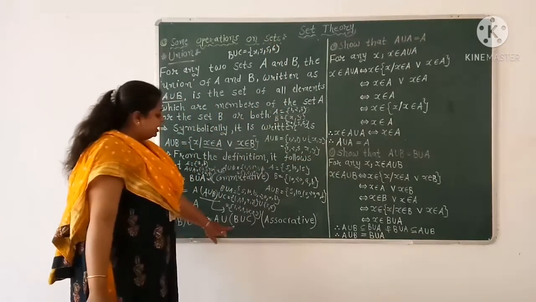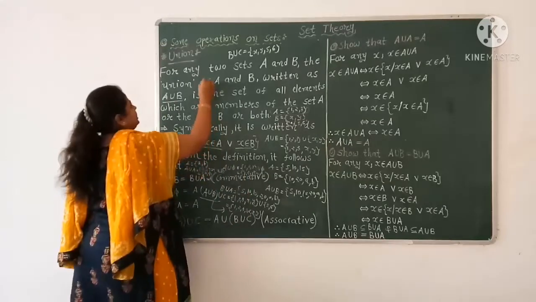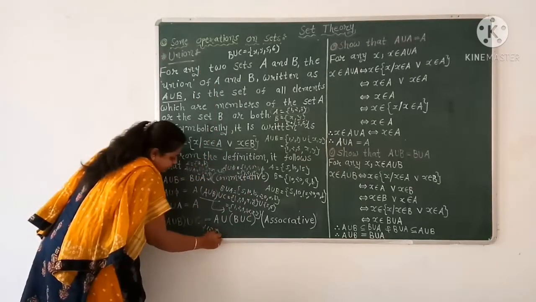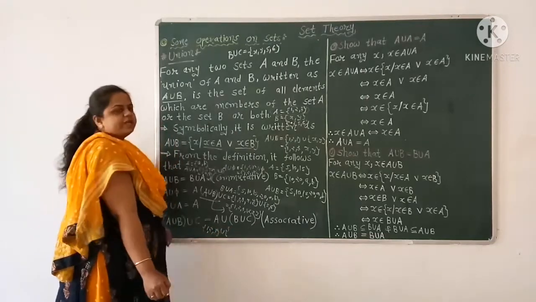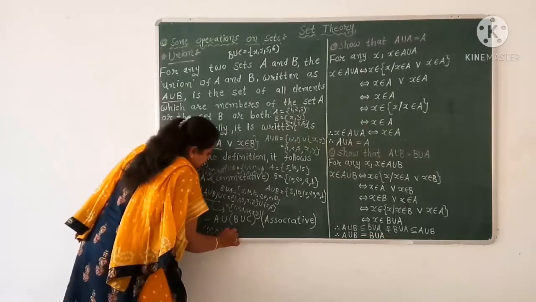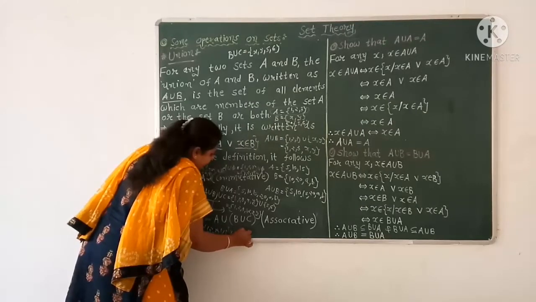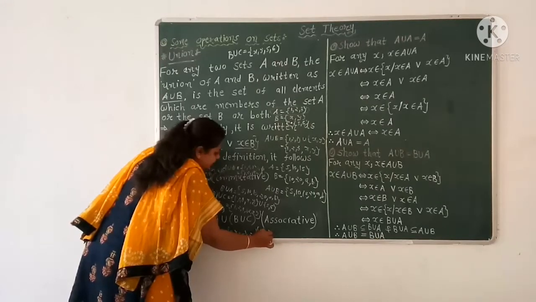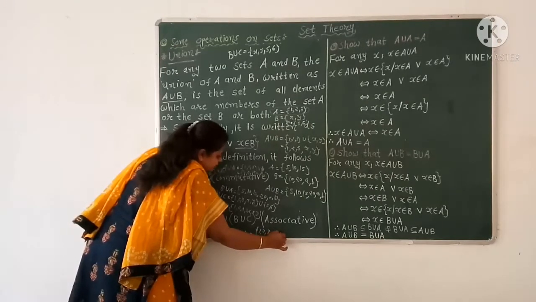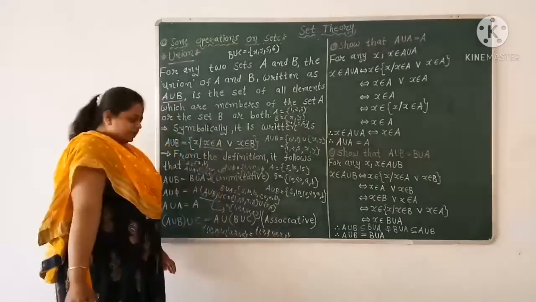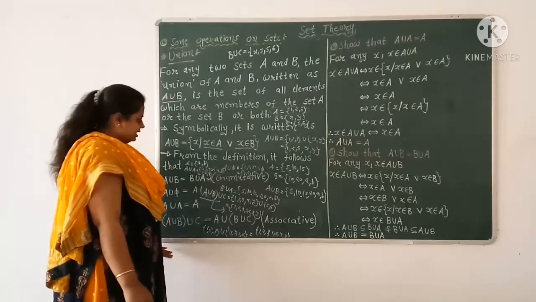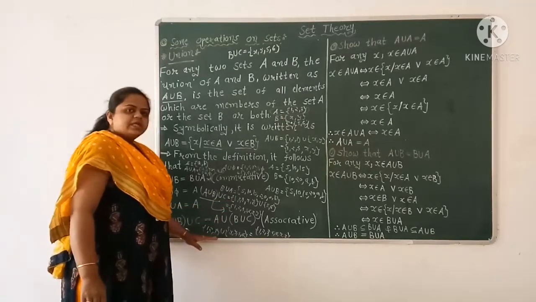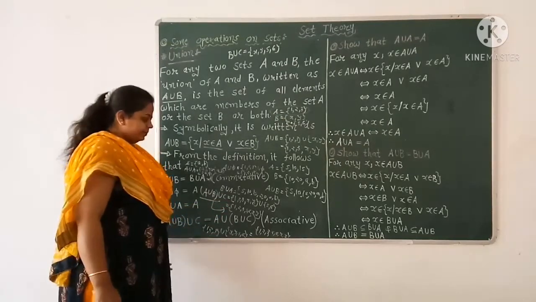Now A union (B union C), that is {1, 2, 3} union {x, 1, 5, 6}, equals {1, 2, 3, 5, 6, x, 1}. So here we can see that (A union B) union C is equal to A union (B union C).